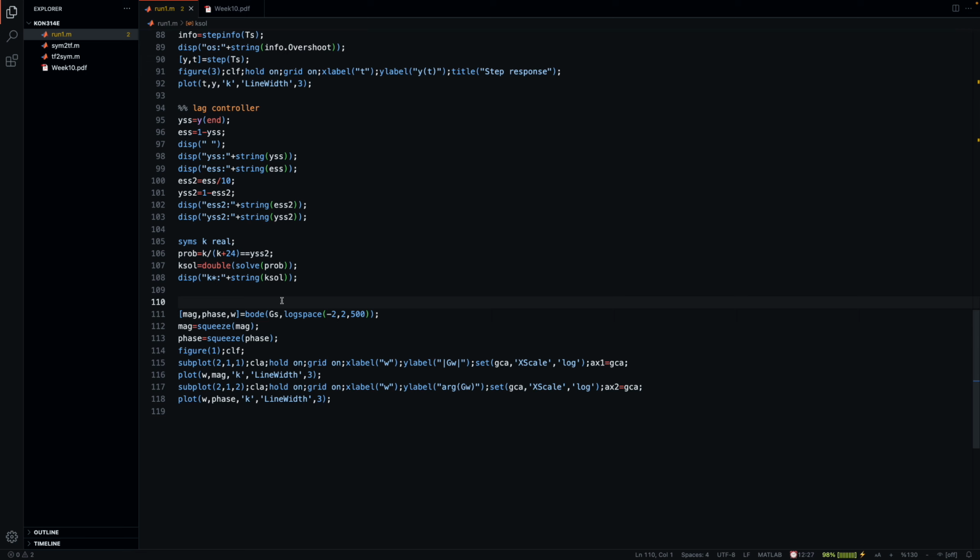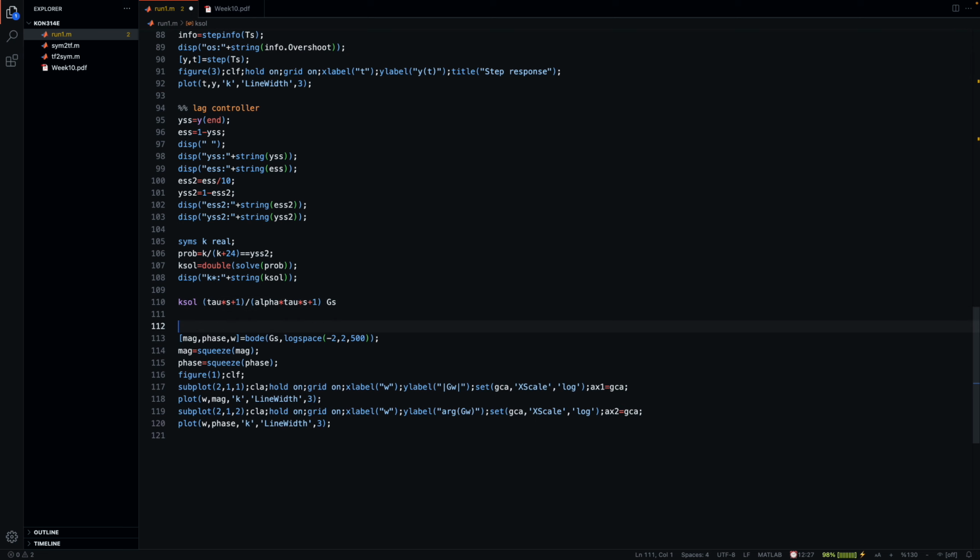Now the reason for that is the following. We have a K star or K sol, we will have tau s plus 1 divided by alpha times tau s plus 1, and then the system. Now we know that this should be a certain gain, 997, and we know that this is a certain system, but we are going to design a lag controller.